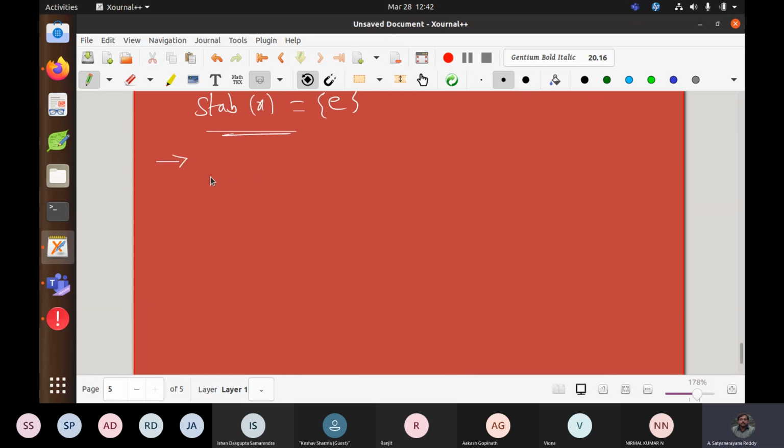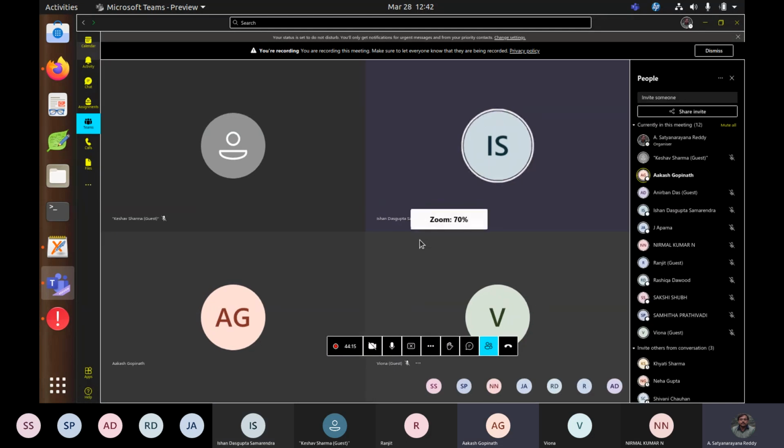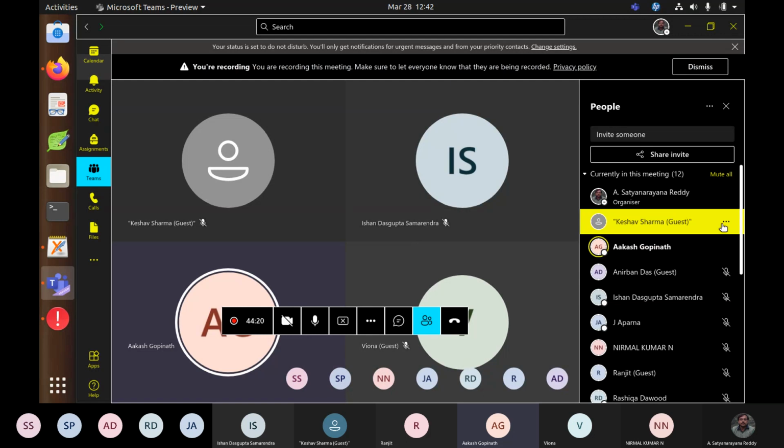Good. And G can also act in many ways. Can somebody give me some other action, g dot x, not what you people told till now? Yes, Akash.